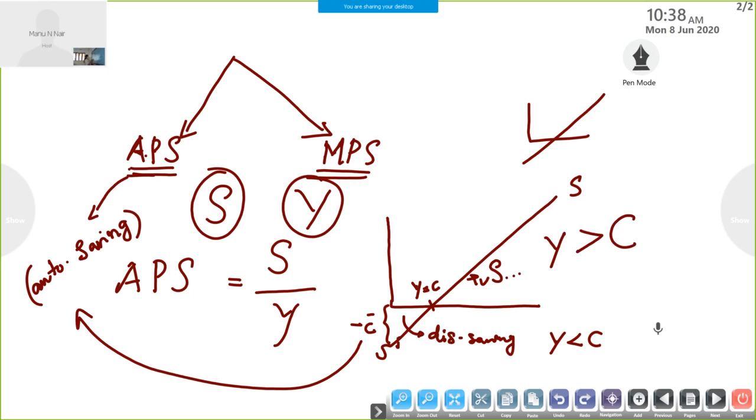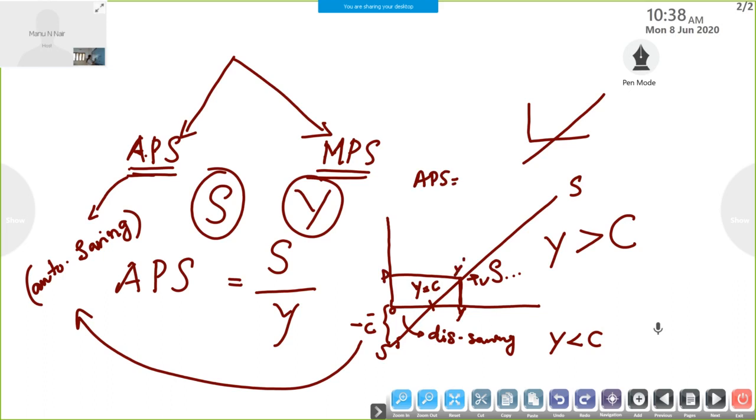Okay. Then APS. OY level shows total income. Suppose OP shows total consumption. Then APS we can give like this.